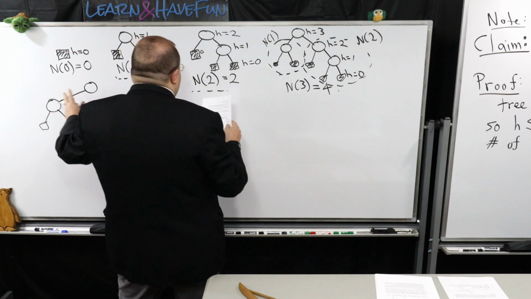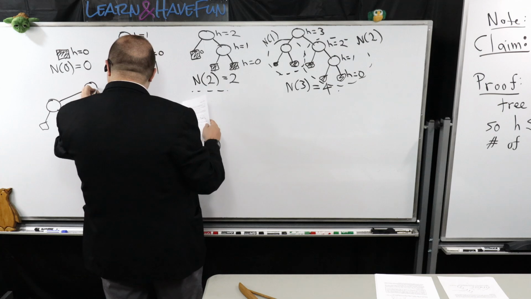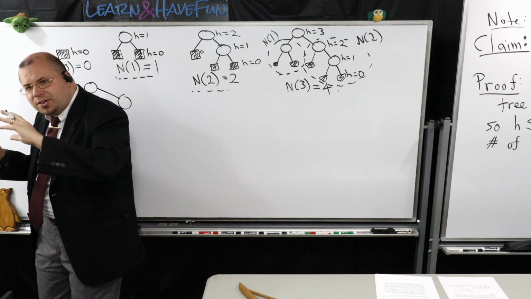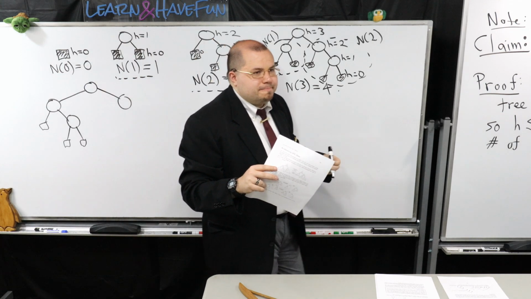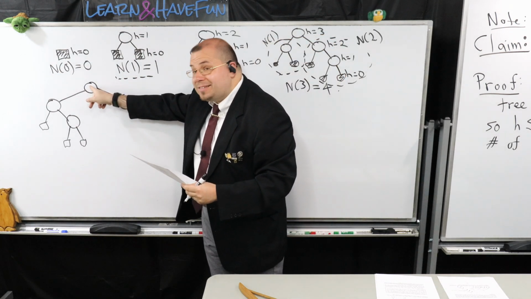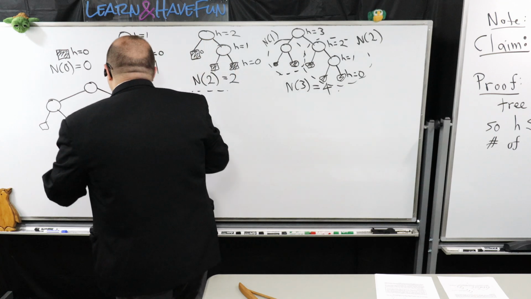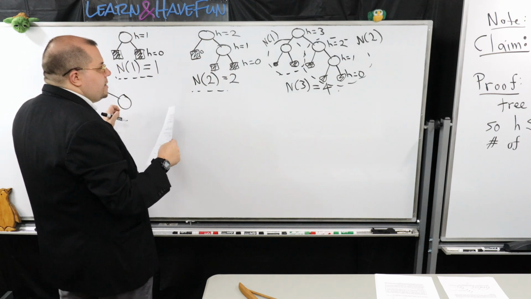So there's n of 2. Remember, I'm doing this so that I can balance off one of the sides so that I don't violate the height balance property at the new node I want to put, so this is the new one I'm going to tack on. So now this will be for n of 3, right?